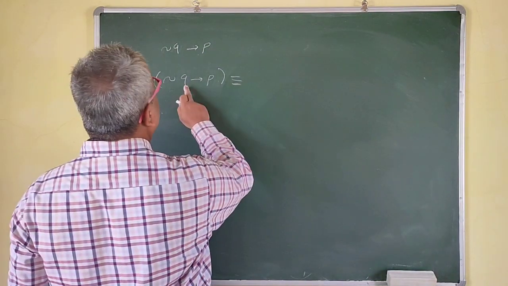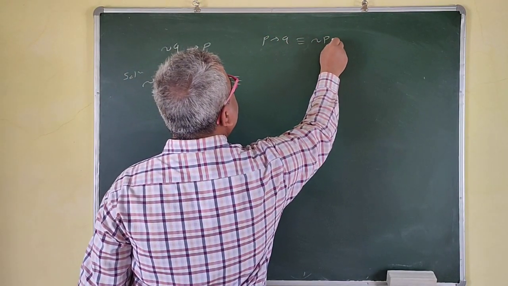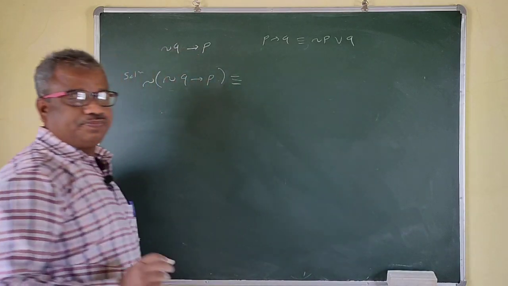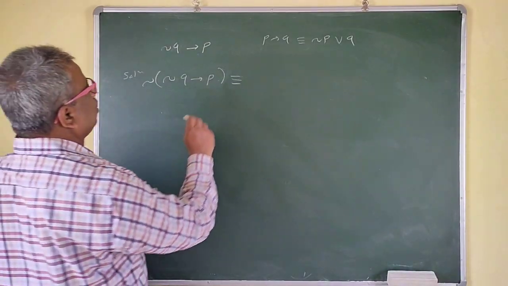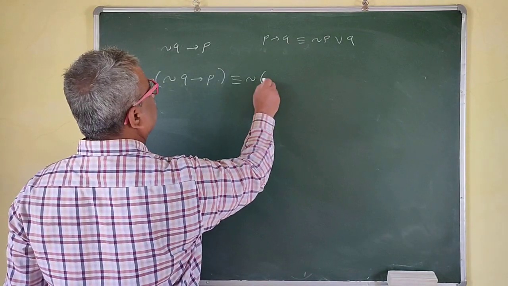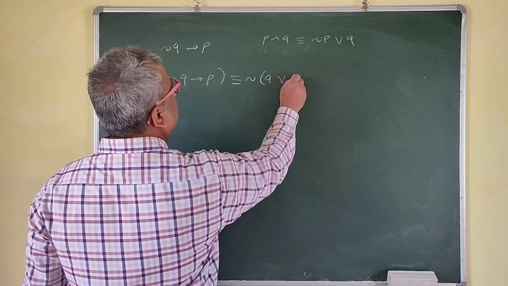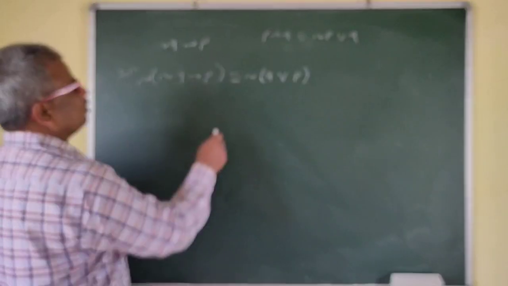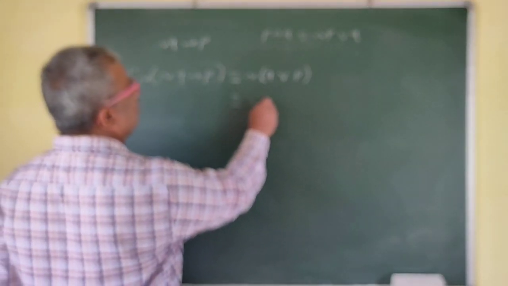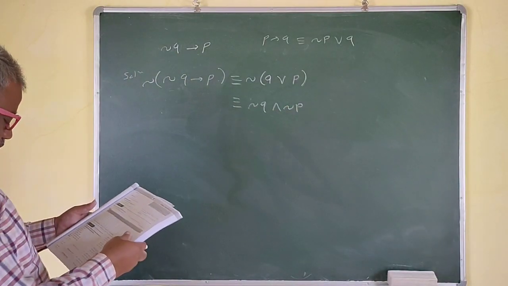So you know that P implies Q is logically equivalent to negation P or Q now. Right? So we apply that rule now. So negation of first, P implies Q is what? Negation of the first one is your Q, right? Or P. Then this is logically equivalent to negation of Q and negation of P.